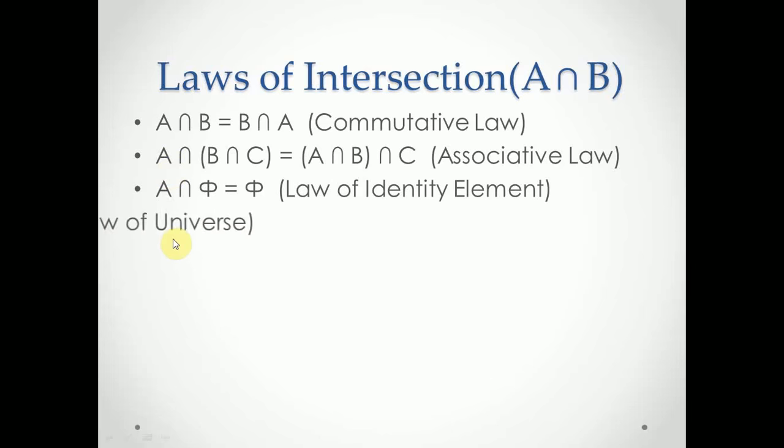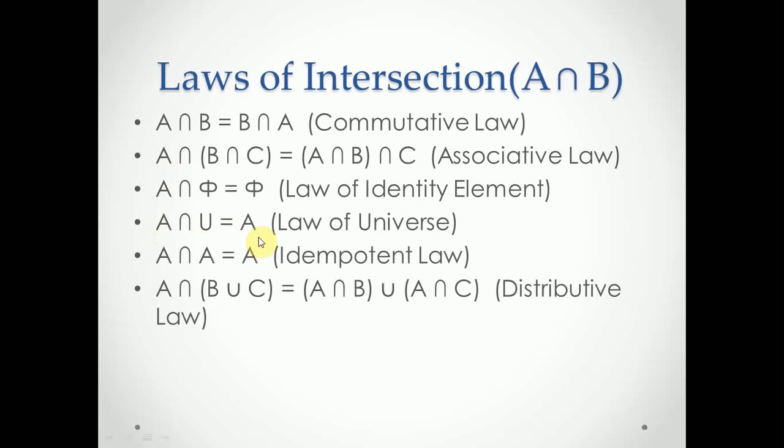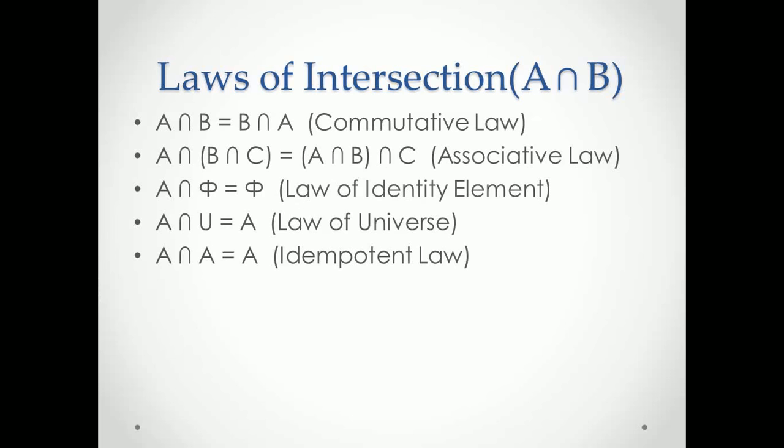Okay, so this is the law of universe, or you can say the universal law. It says that if you find the intersection of A and the universal set, it will be only the set A. Now let's come to the next law, the idempotent law, which says that if you find the intersection of a set with itself, then it gives the same set.